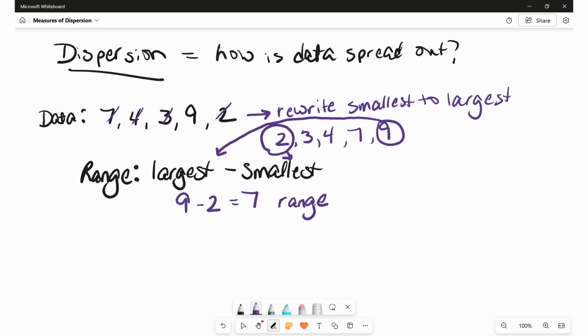So that tells us how much space there is between our smallest data value and our largest data value. The big thing to remember here is that we always want to rewrite our data set smallest to largest. That needs to be our first step for measures of center and measures of dispersion.